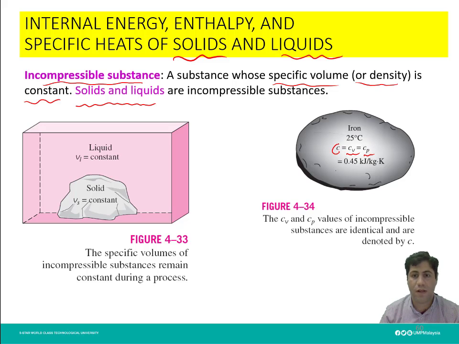Generally, we have only one specific heat for these substances, and we show that by C. We call that the specific heat for the different solid and liquid substances. So we don't have Cv and Cp for solid or liquid substances, and we have only C.